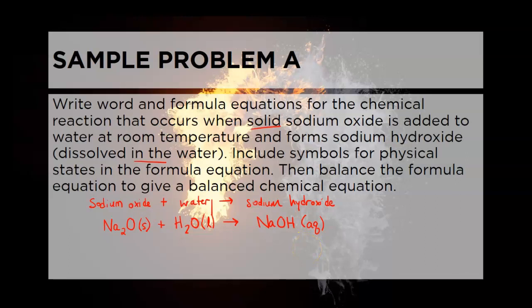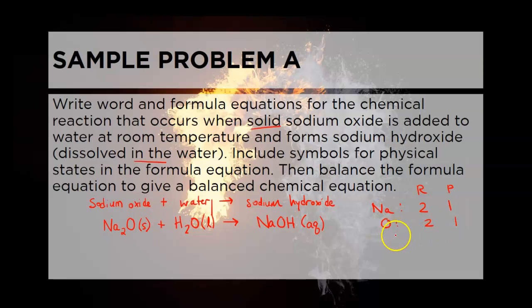So this is not balanced, I don't believe, because if I count up my atoms, we have reactants, we have products. Sodium, I see 2 on the left, 1 on the right. Oxygen, I see 1, 2 on the left, 1 on the right.